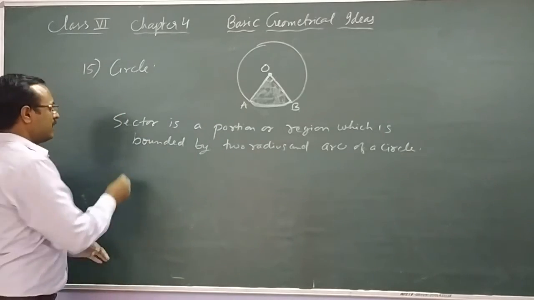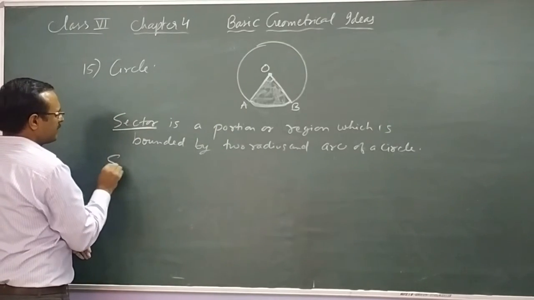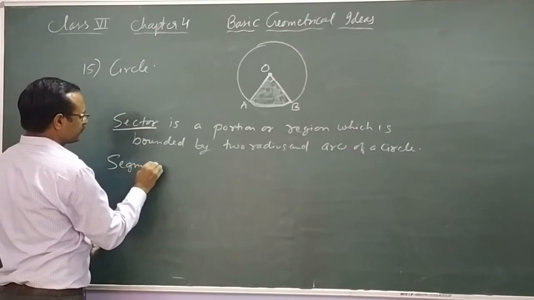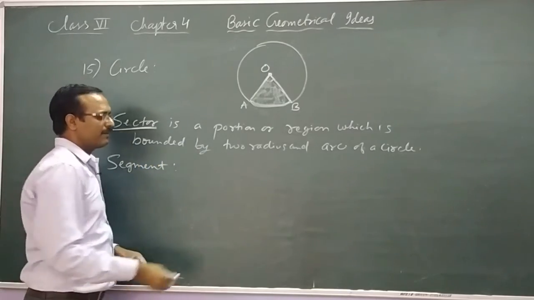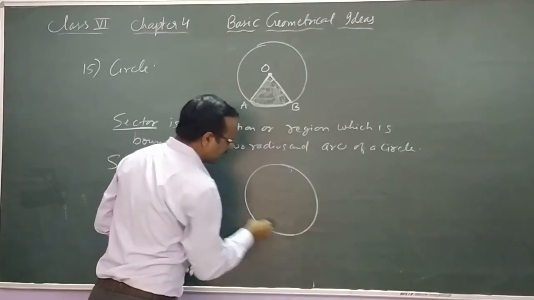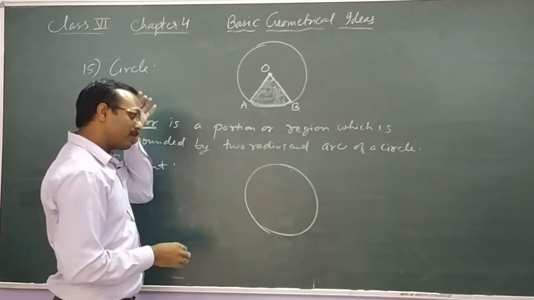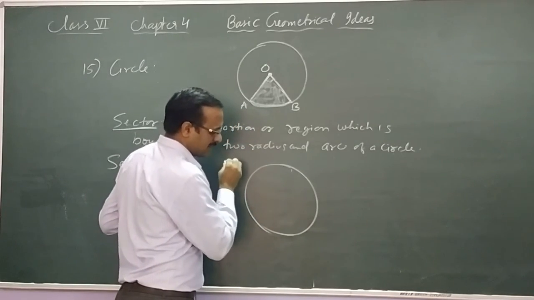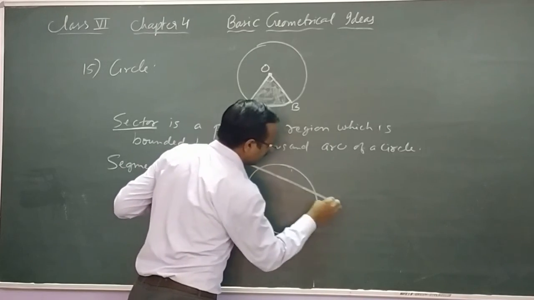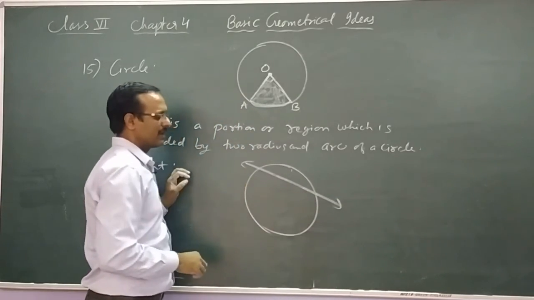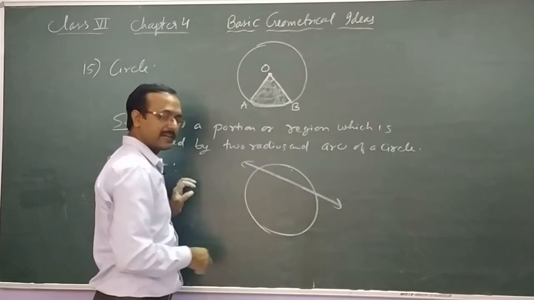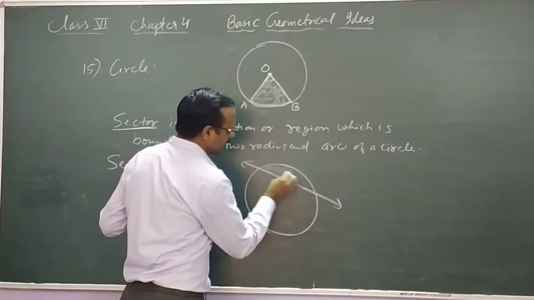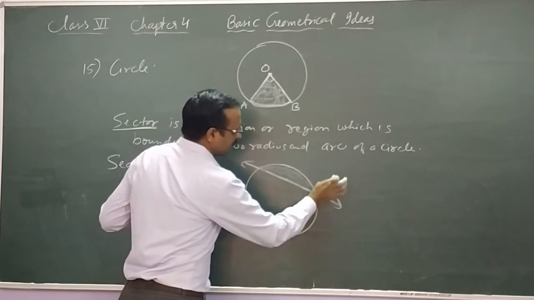Now the next important term is segment. If I break this circle not from the center, by a line not passing through the center, suppose I break from here, now there is no inclusion of radius. So this portion is broken by a chord.